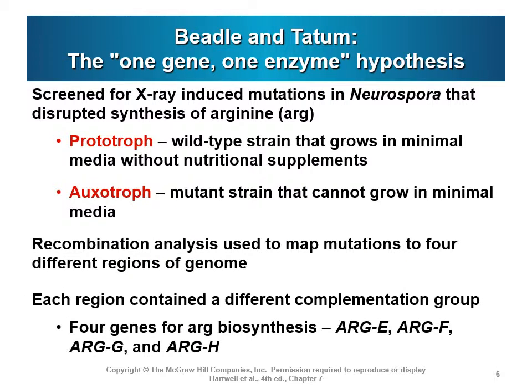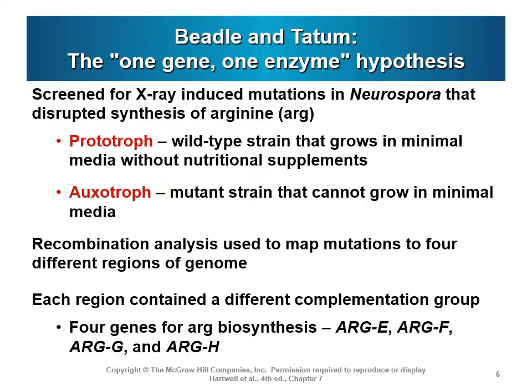Now let's look and see how Beadle and Tatum came up with the hypothesis one gene, one enzyme. They used Neurospora as a model organism, and they looked at it under X-ray radiation. X-ray radiation causes disrupted synthesis of arginine in these organisms, and that by itself results in two different strains.